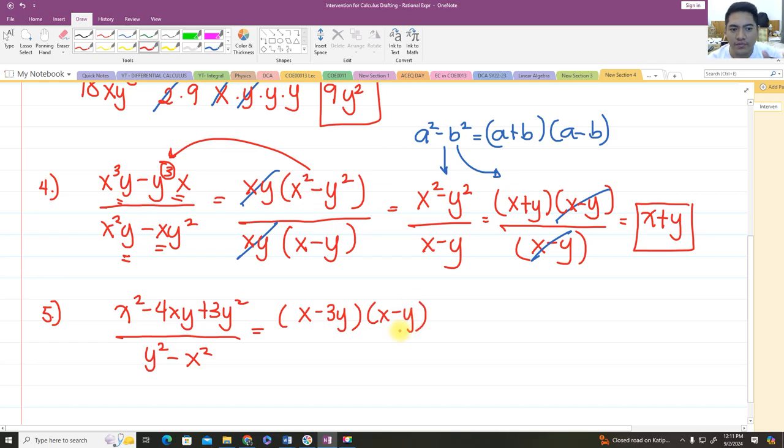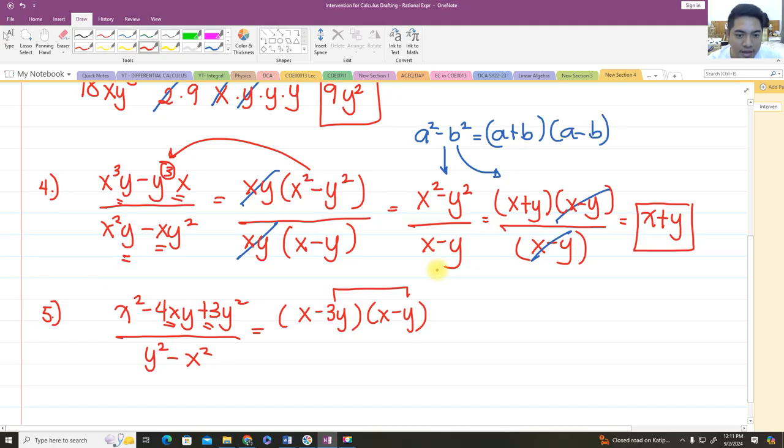This can involve trial and error if you're going to have a special product. So what two numbers, if we multiply, will be 3y squared? That is negative 3y and negative y, so negative 3y squared positive. And if we add, that is negative 4xy. Usually that's the criteria.